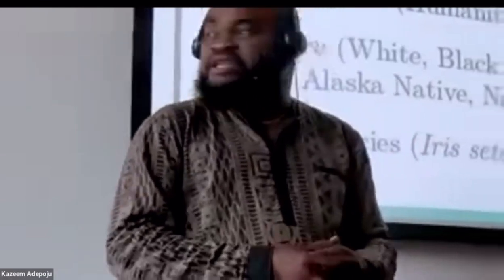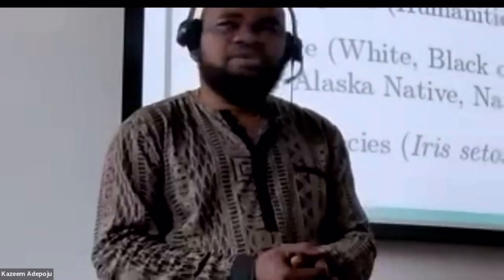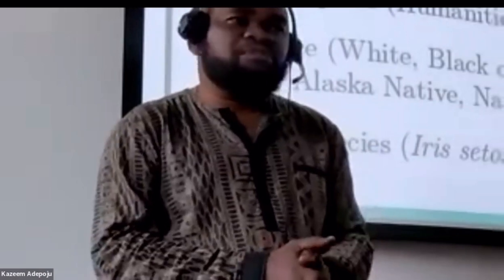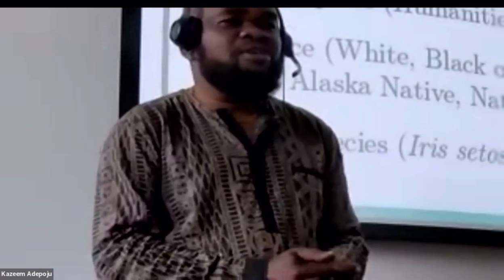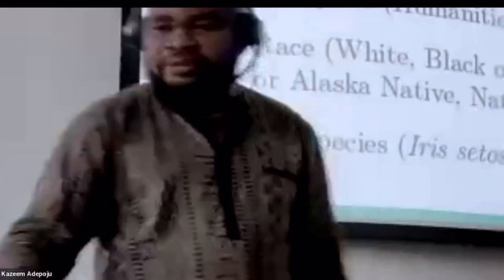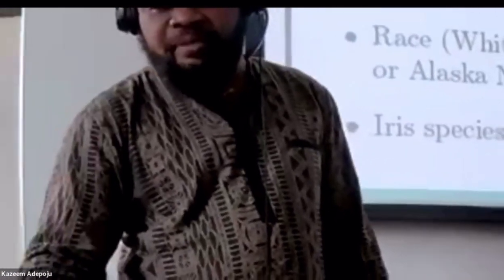Now, do you understand when the response variable is categorical with more than 2 levels and they are not ordered? Okay, now since you understand the examples, I'm going to walk you through the model.